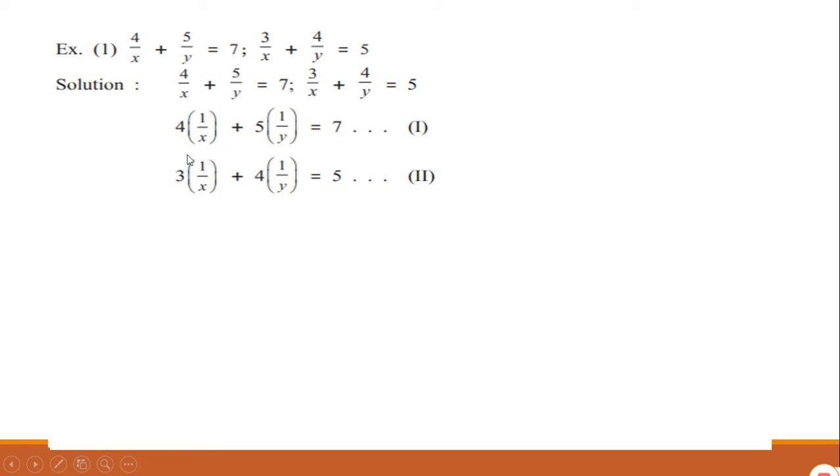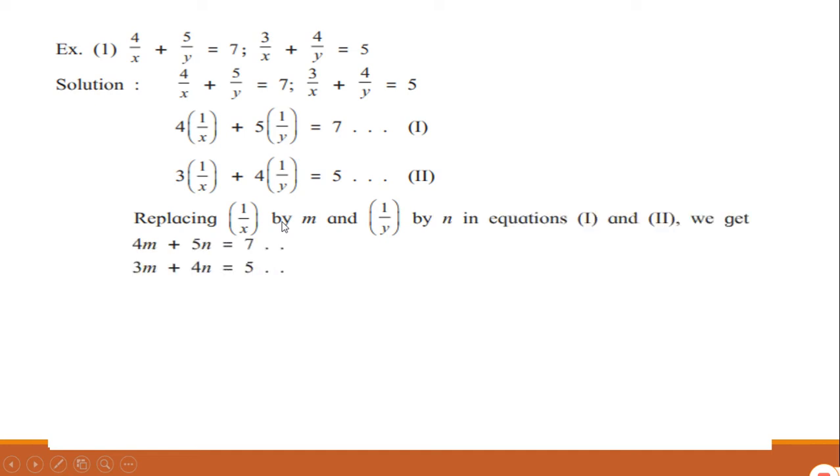So replace this by new variable m. And 1 upon y, this part is common in both the equations. So replace it by new variable n. We get 4m plus 5n equal to 7 and 3m plus 4n equal to 5.